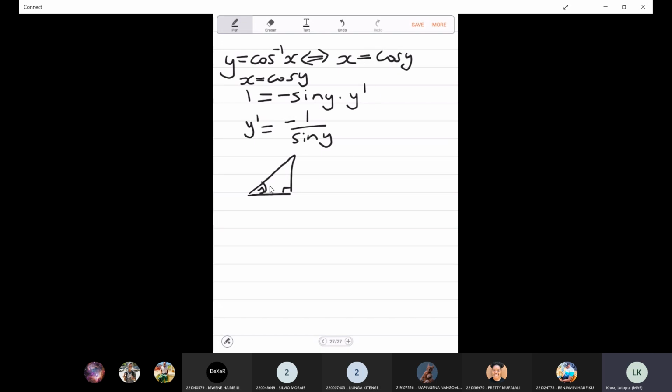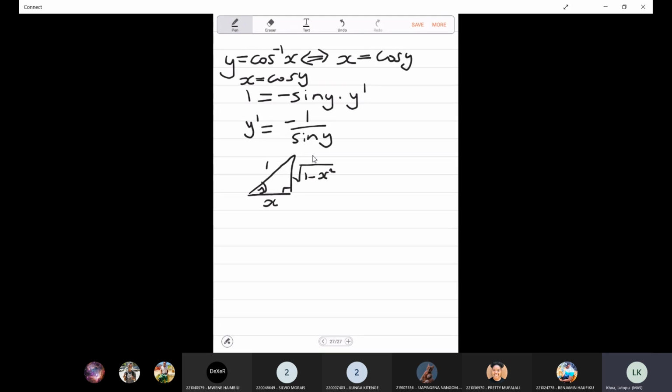So adjacent divided by the hypotenuse here gives me x. So this is adjacent over hypotenuse. That is how I'll get x. And then using Pythagoras theorem, I work out what this is equal to. So this is equal to the square root of 1 minus x squared.